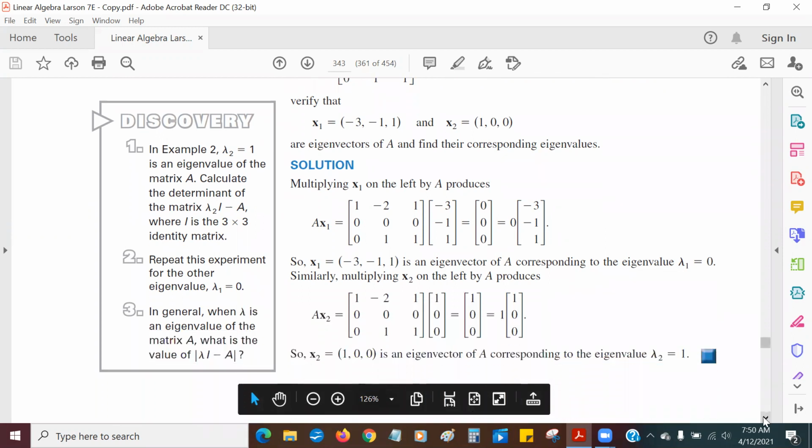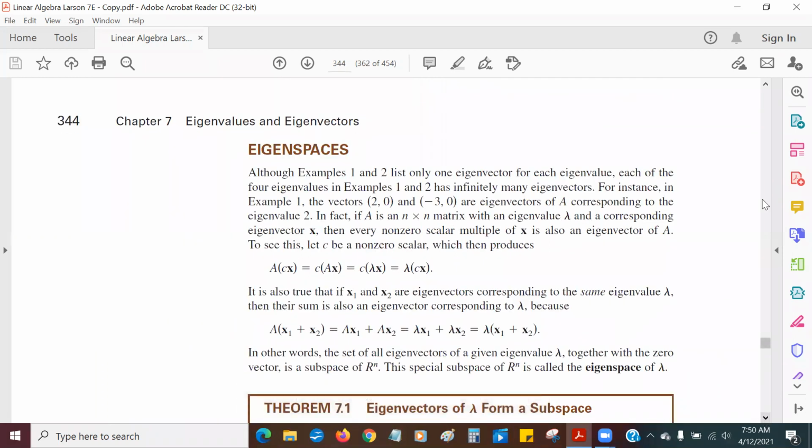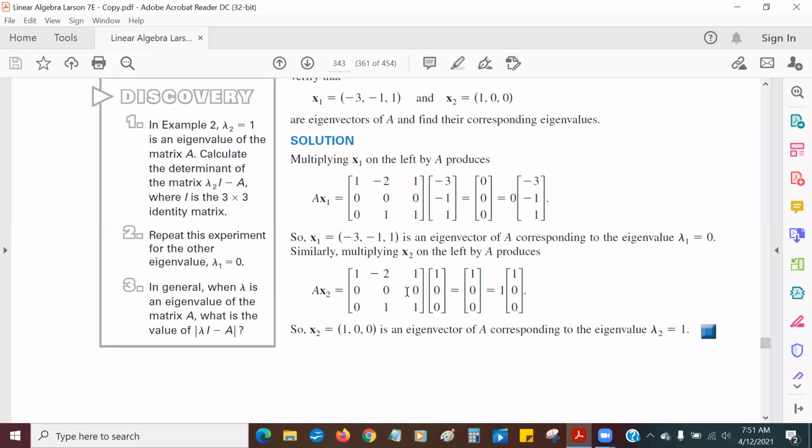Now let's try the other one. We're going to take the matrix A and multiply it by our second vector, which is just 1, 0, 0. And when we do that, lo and behold, we get 1, 0, 0. The bottom two just zero out, and here I have the 1 and everything else zeroes out. Very simple, very easy to multiply.